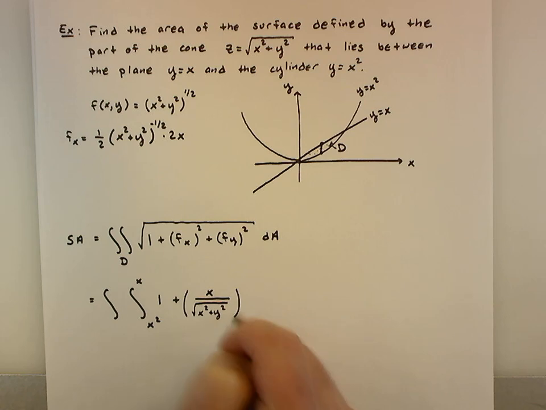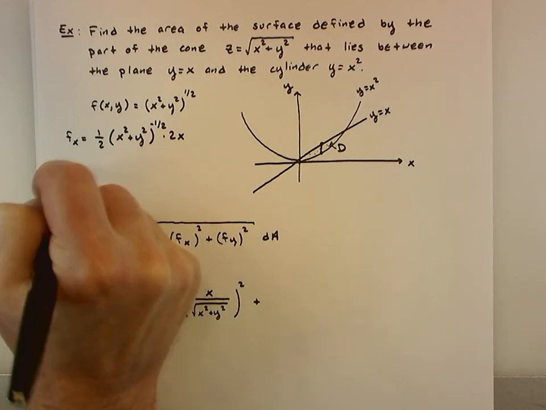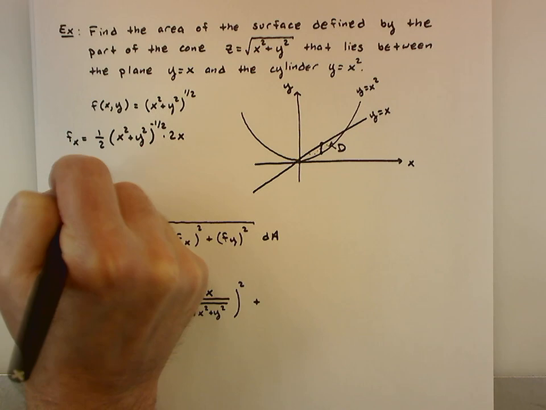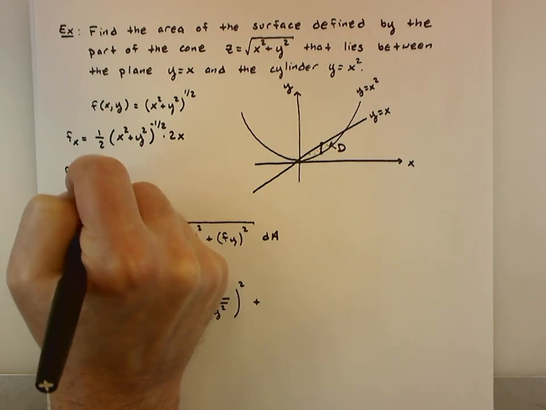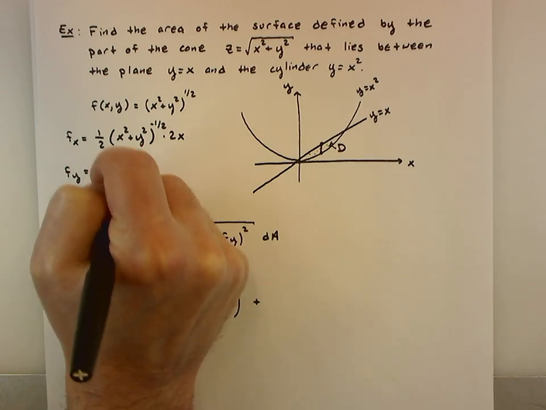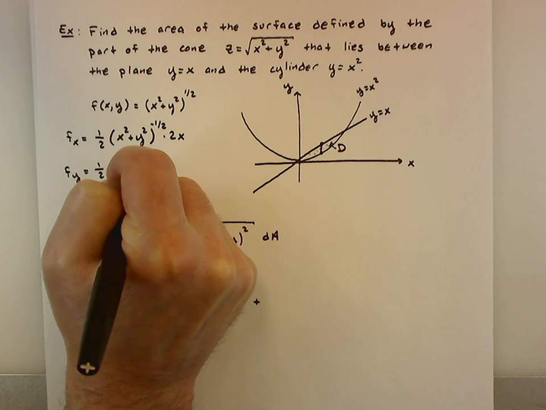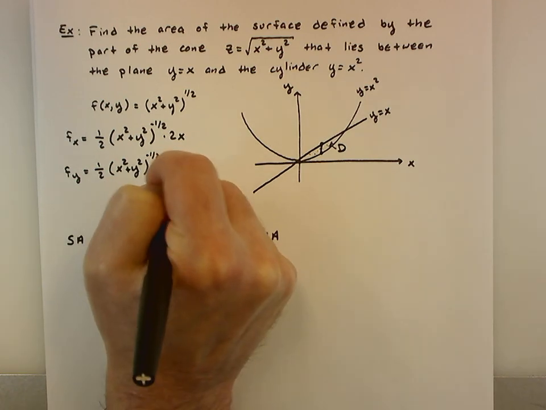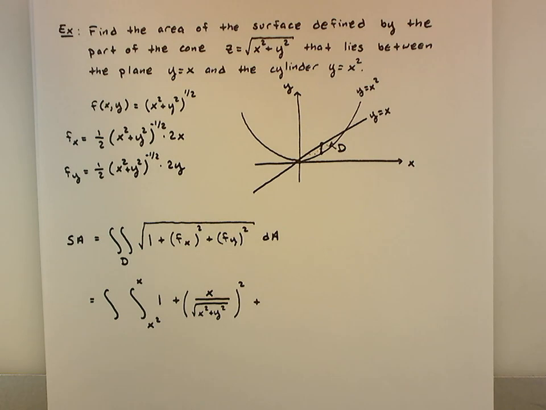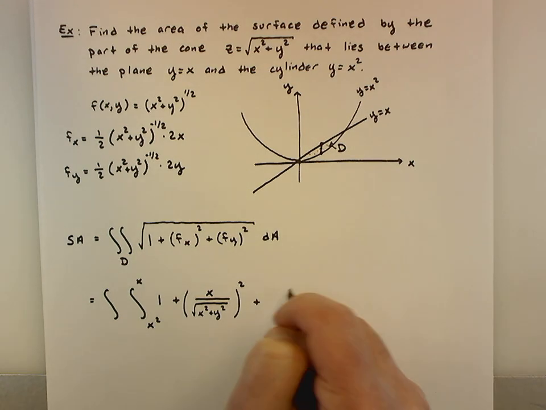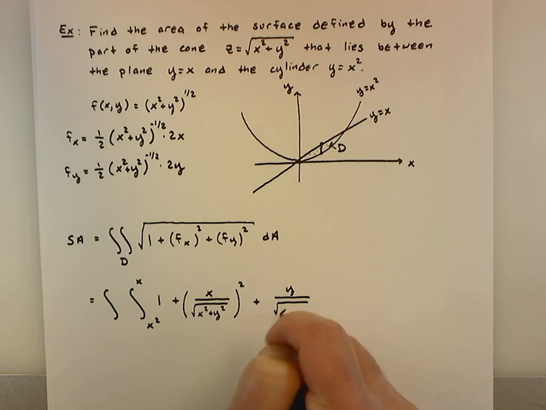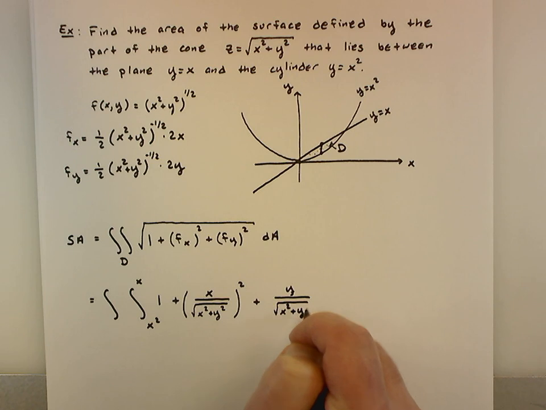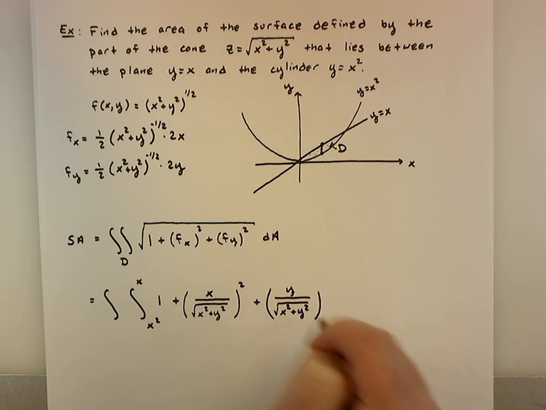This quantity is going to get squared, plus the partial of f with respect to y, which is 1/2 x squared plus y squared to the negative 1/2 multiplied by 2y, which turns into y over the square root of x squared plus y squared.